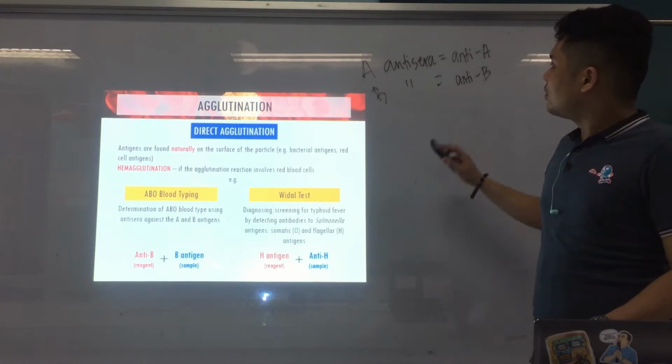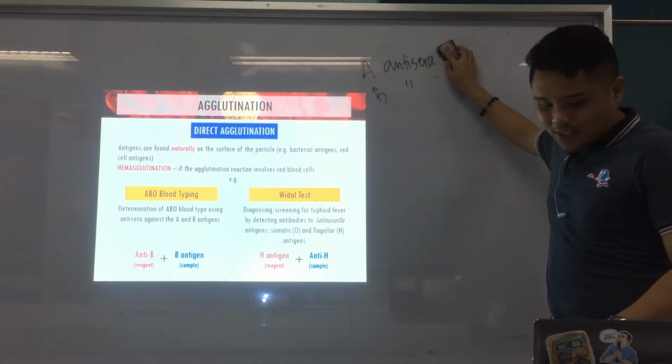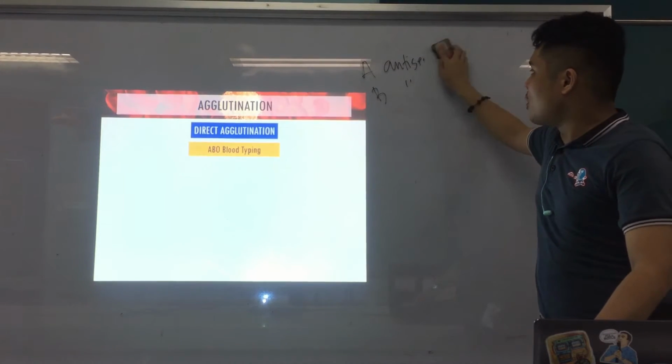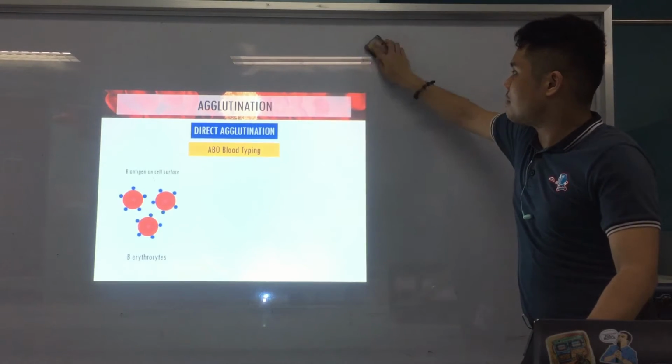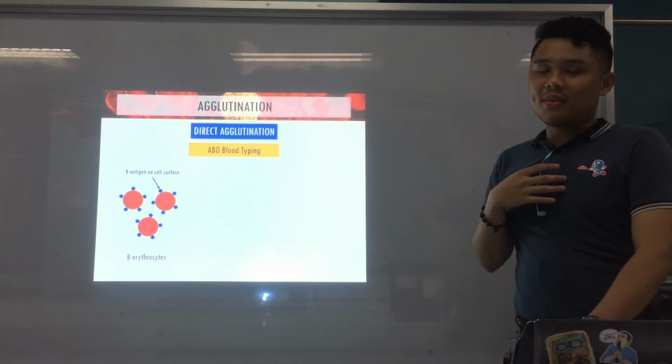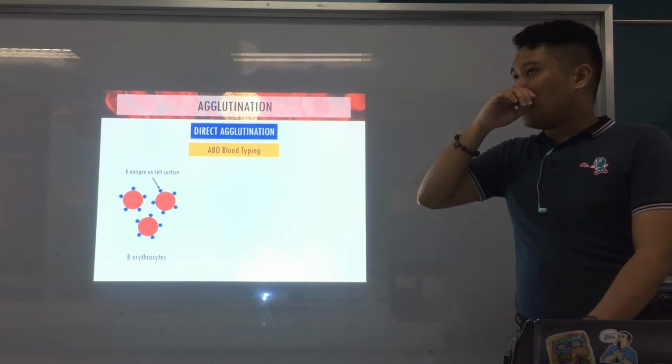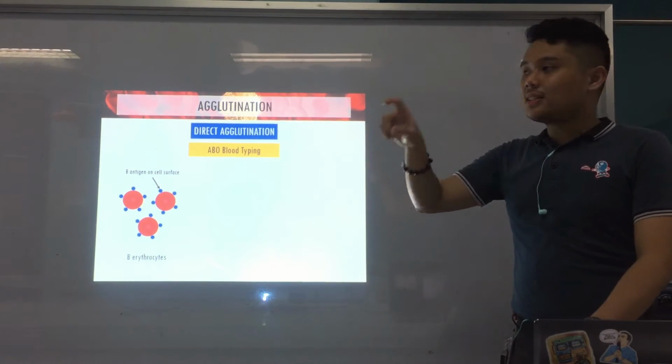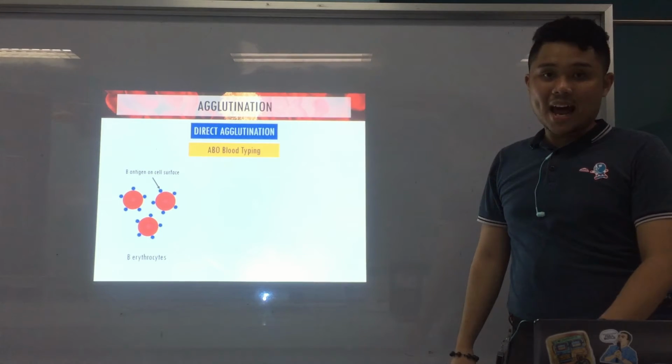Next, we go to ABO blood typing. As an example, you have B erythrocytes, or red blood cells, if you have blood group B. So the antigens on the surface of the RBCs are the B antigens.